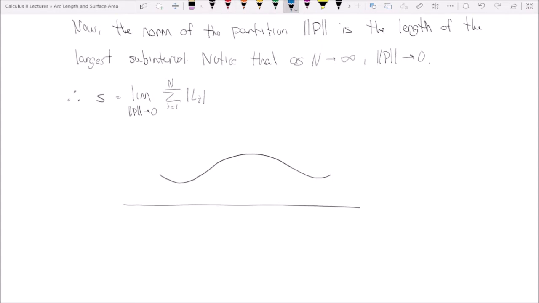Let's say this point here represents Pi minus 1, and let's say here is Pi. Then we're going to have our line segment L sub I right there.